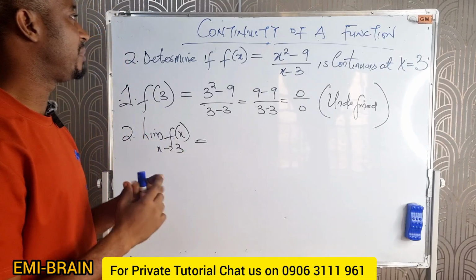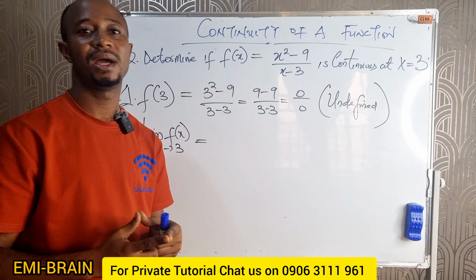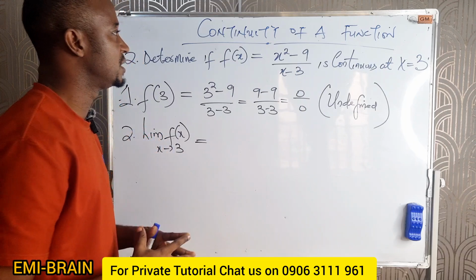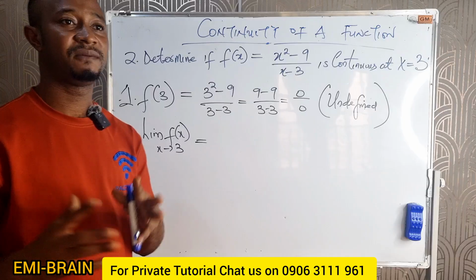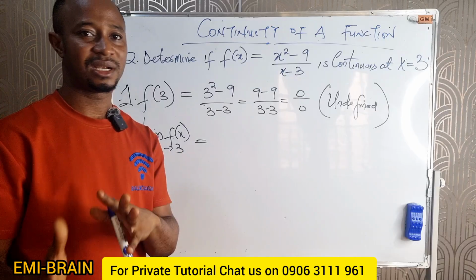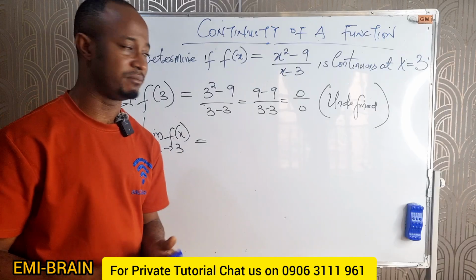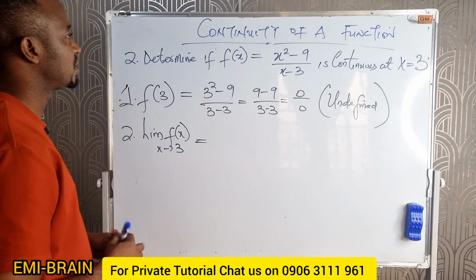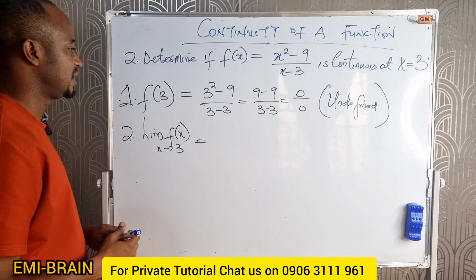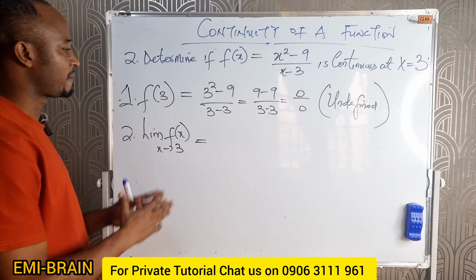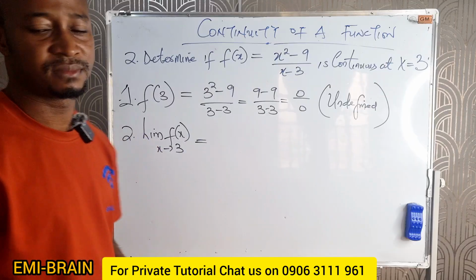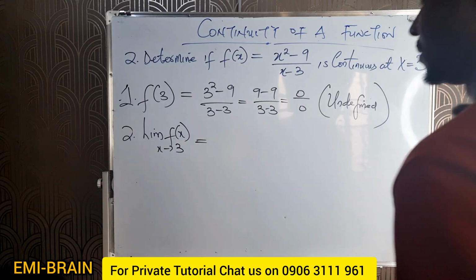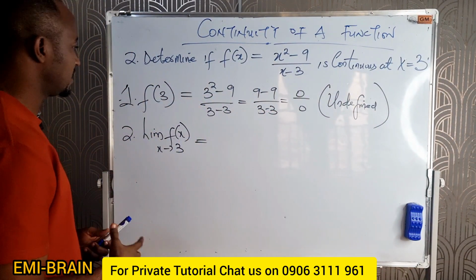Once we apply direct substitution and we have an indeterminate form, the next thing we need to do is to factorize, or rationalize, or apply any other method. But for this, the simplest method that can be used is factorization.